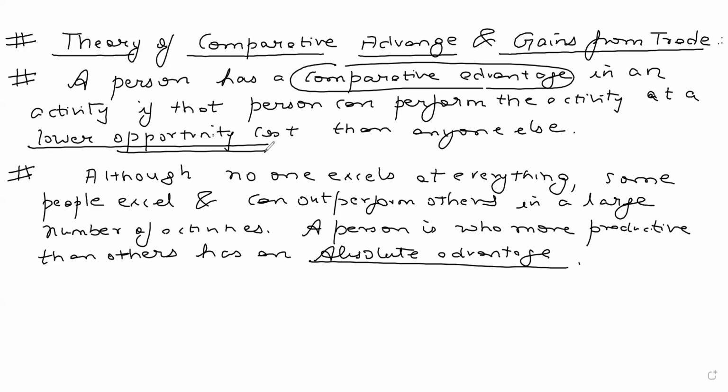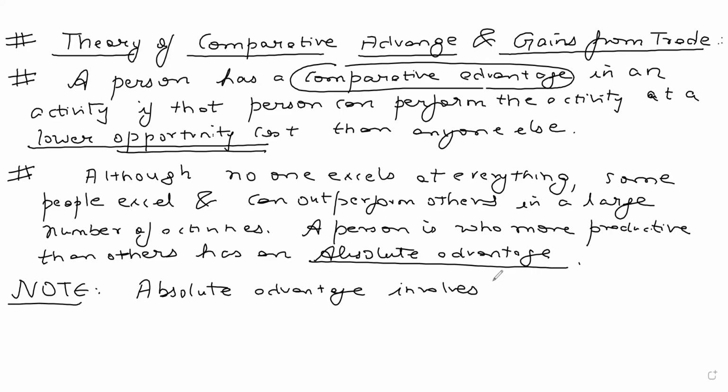I'm going to explain all this using examples also, but let's write a note. Absolute advantage involves comparing production activities, that is, the production per hour.